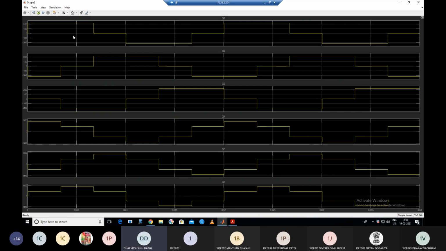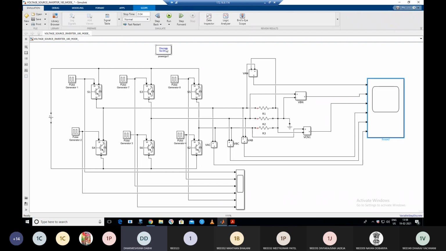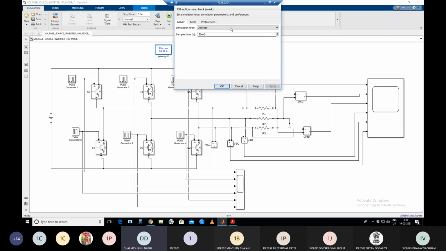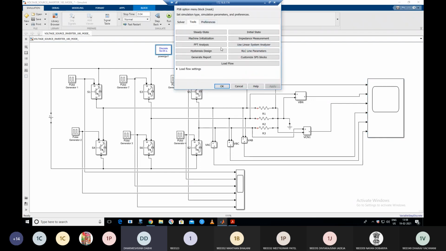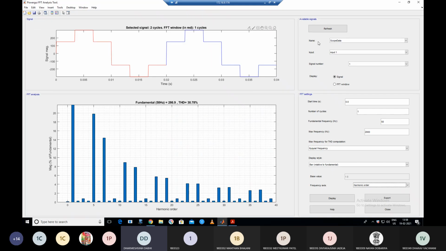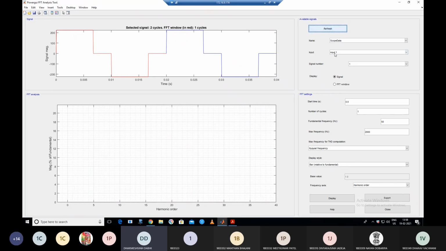Clear? Now let's do the FFT analysis for this output voltage in 120 degree mode. So this is our line voltage, phase voltage, which is a quasi-square waveform.